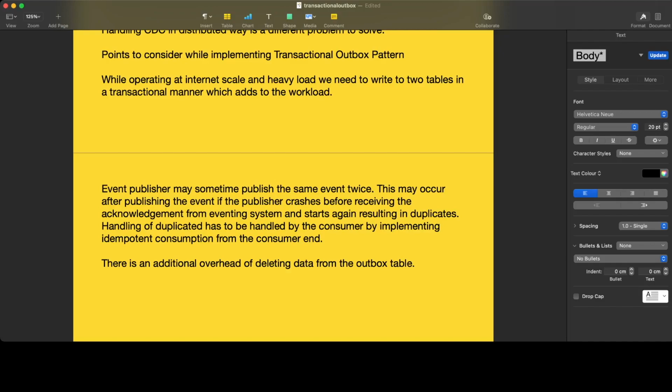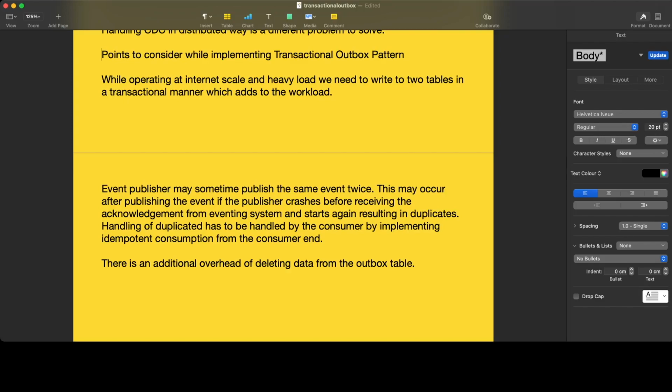The listeners in the other domains which are listening to these domain events need to handle the events in an idempotent manner. What is idempotency? If the same record comes a second time, it will not result in overwriting.